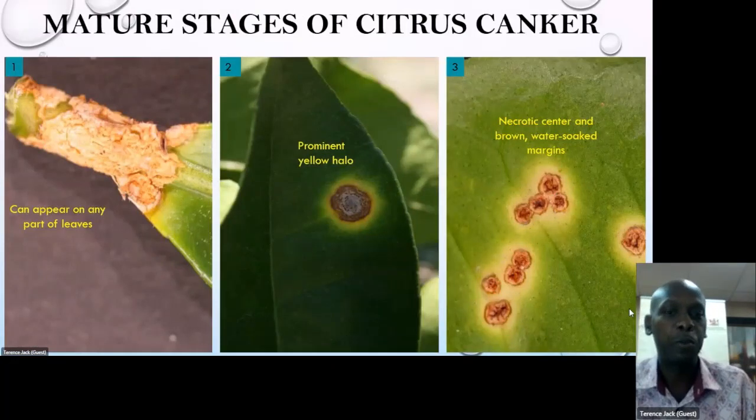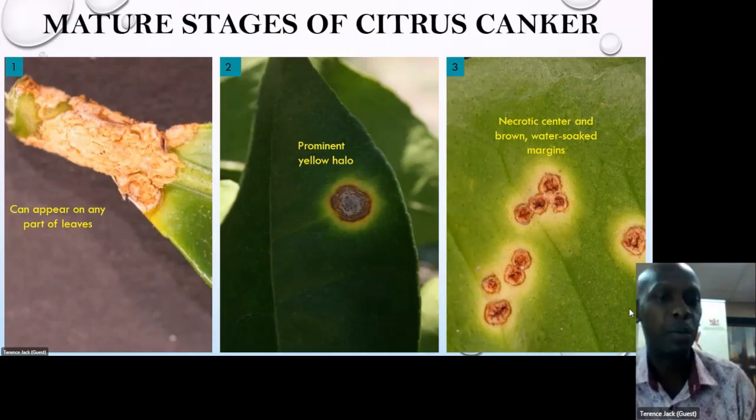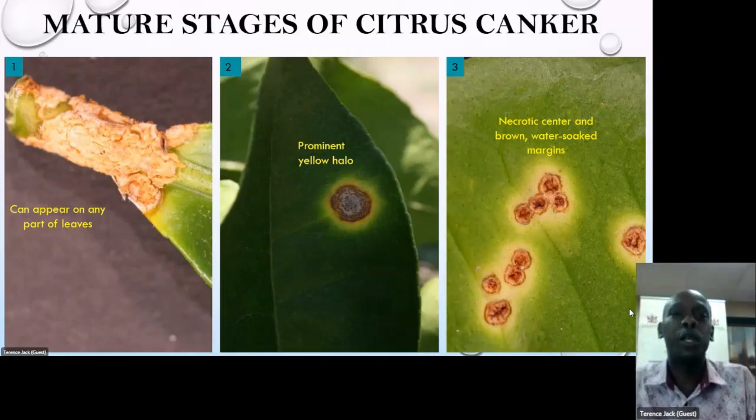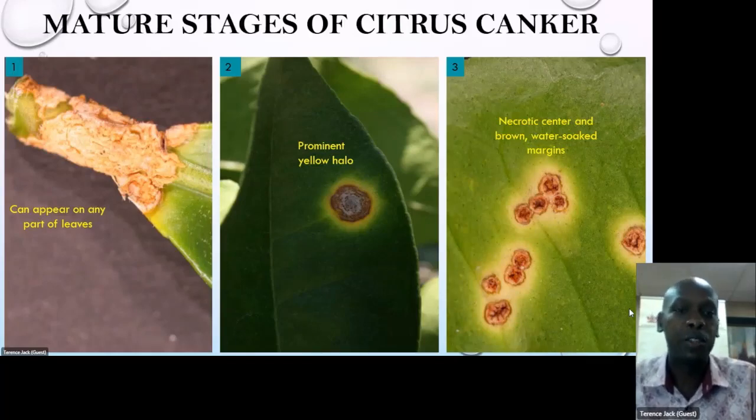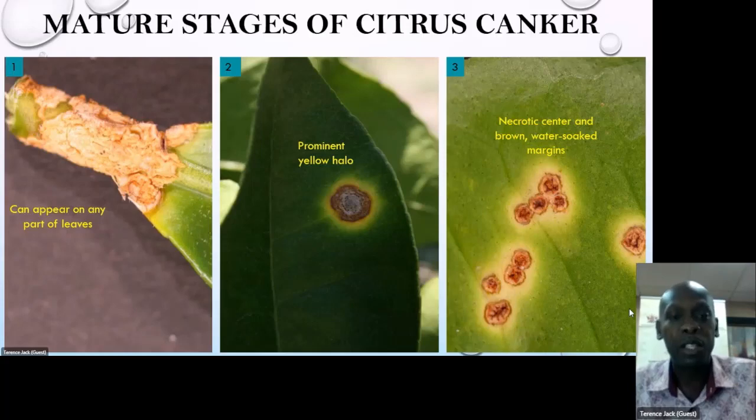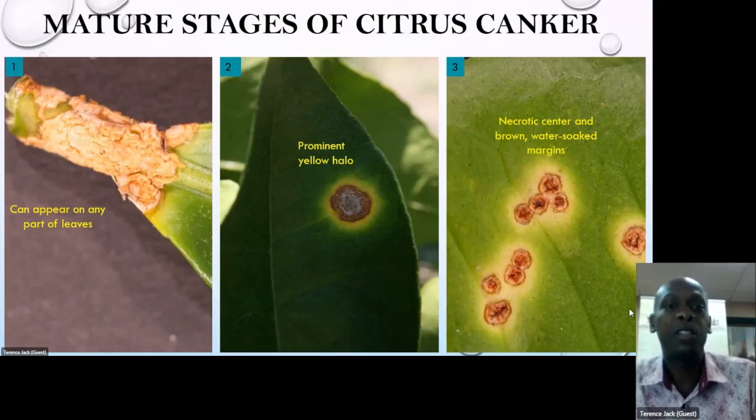And at the mature stages of the disease, the actual disease will show up, and you have a clear sight of the disease. As you can see clearly in the picture to the center, number 2, you have that prominent yellow halo. And after the prominent yellow halo, you have those water soaked margins, and you have that brown corky lesion. And this is quite definitive for citrus canker.